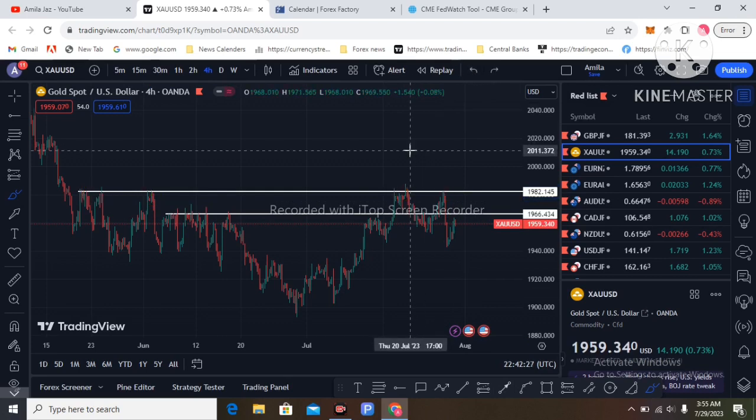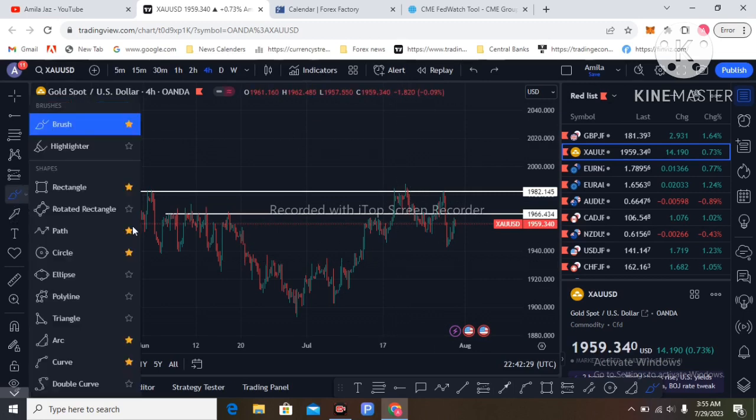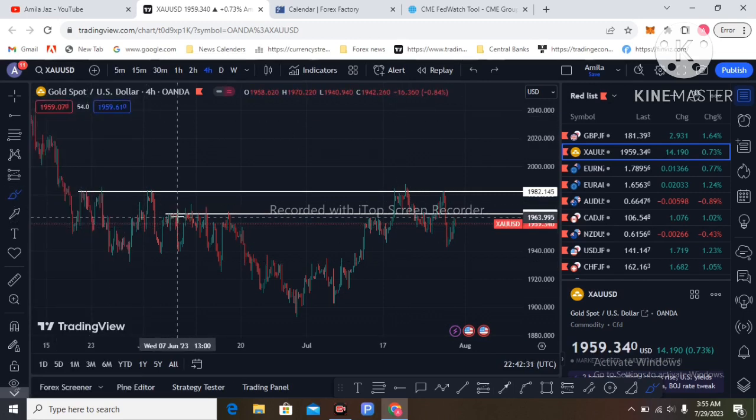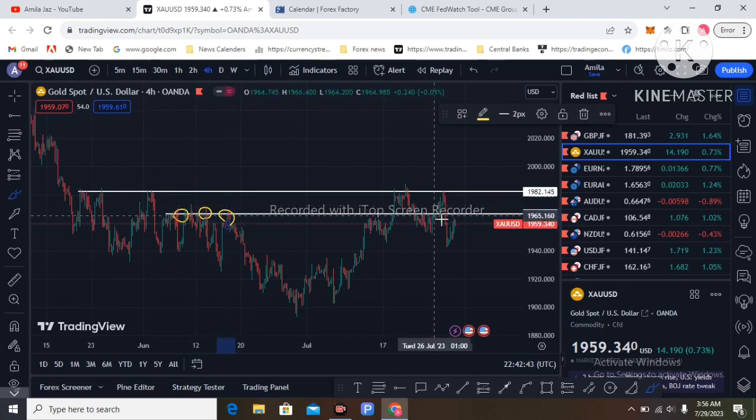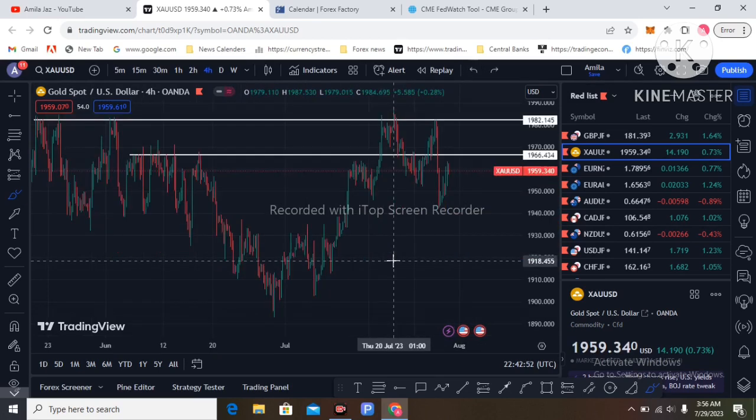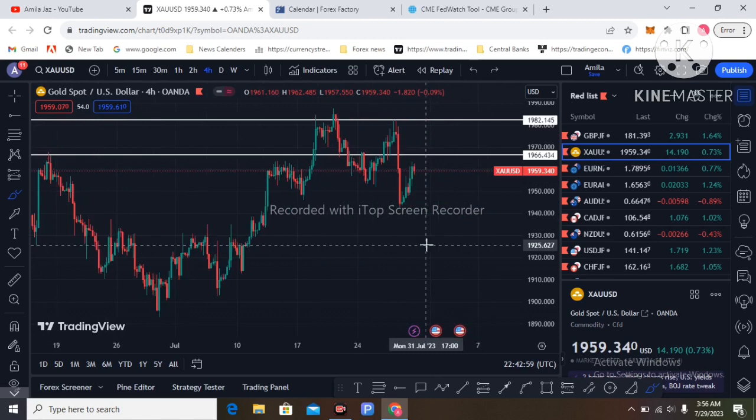Price has retested this several times. Then you can see the lower line at the 1966 level. This is also strong resistance: the first one, the second one, the third one, and the price also reached it the last time. So these are the two strong resistance levels I am seeing technically: the first is 1966 and then 1982.